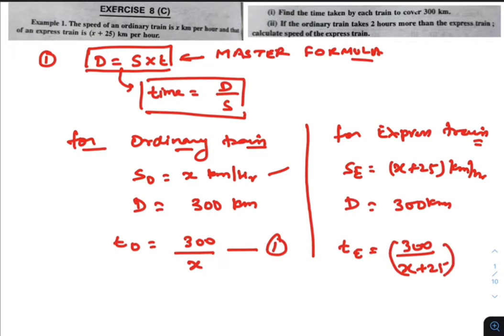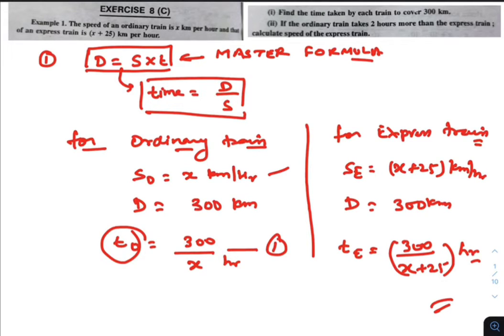I think up to this our first question has been solved. The question asked: find the time taken by each train to cover 300 km. The time taken by the ordinary train is 300 divided by x hours, and for the express train it is 300 divided by x plus 25 hours.